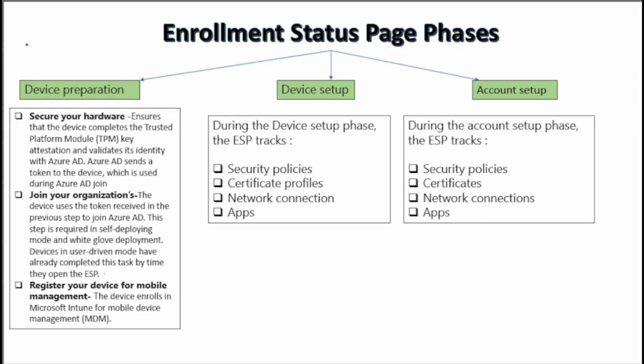To ensure this, the device completes the trusted platform module key attestation and validates its identity with Azure AD. Azure AD sends a token to the device, which is used during Azure AD join. The second step is to join the device to the organization, and the third one is to register the device in mobile device management. With the help of this step, the machine is going to enroll in Intune.